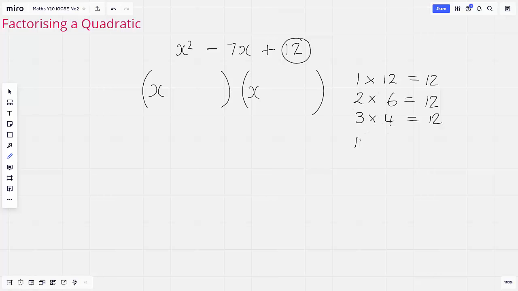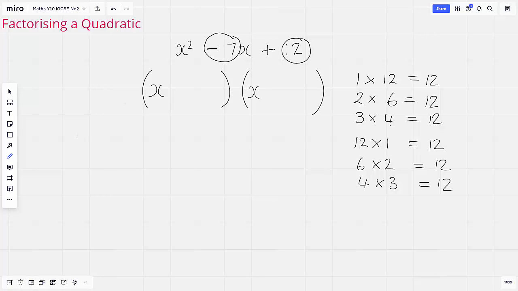If we reverse the numbers, 12 times 1 equals 12, 6 times 2 equals 12, and 4 times 3 equals 12. They're not trivial. We should really consider those too, even though all we've done is reverse the numbers. Now the question is, what combinations of these numbers 1 and 12, 2 and 6 and 3 and 4 can be made up to give us what we want secondly, which is a minus 7.